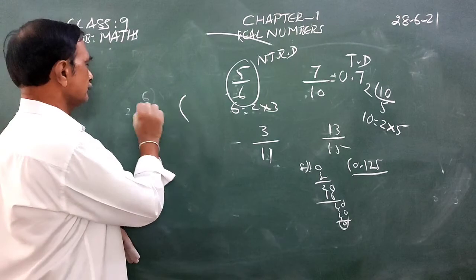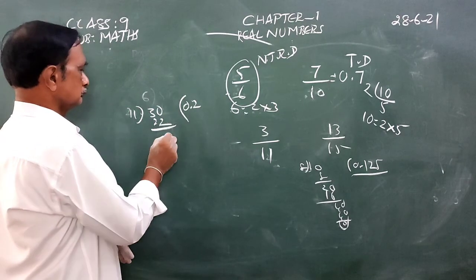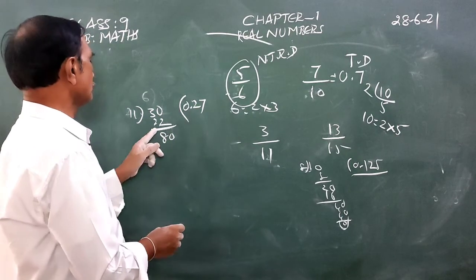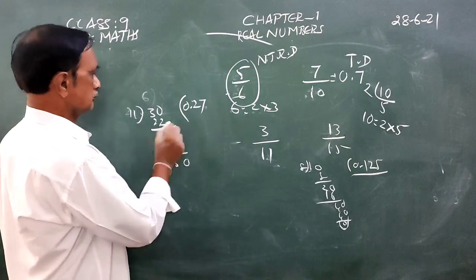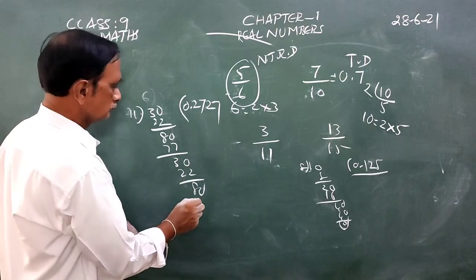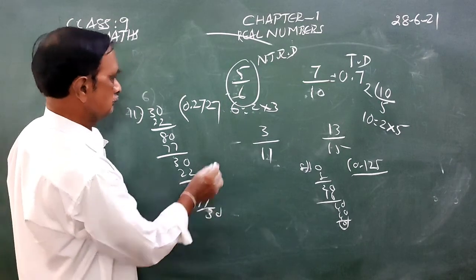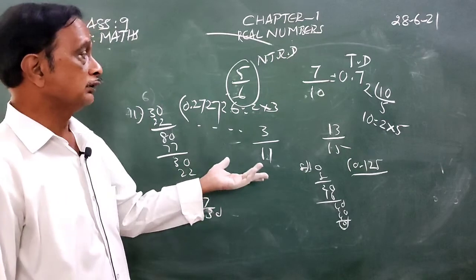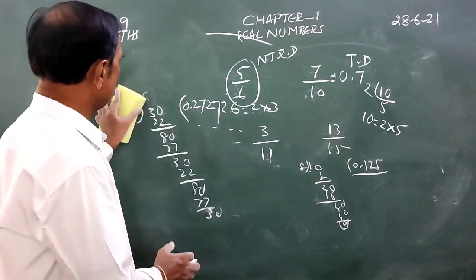It is also a non-terminating repeating decimal. Now take 13 by 15.